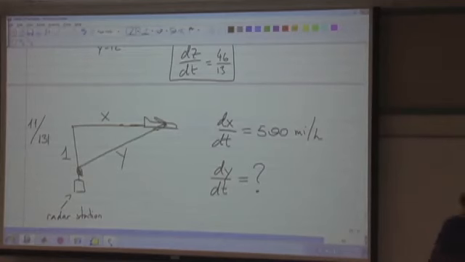The problem asks to find the rate at which the distance from the plane to the station is increasing. Right? What else do we know? The plane is 2 miles away from the station. So y is equal to 2. Right? 2 miles?